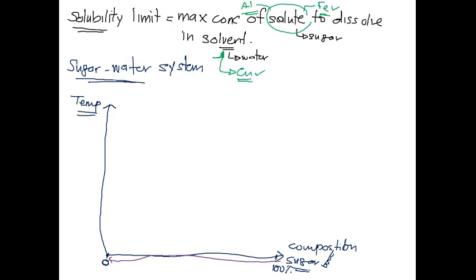It means that at 0% sugar composition, it will be 100% water composition, while at 100% sugar composition it will be 0% water.